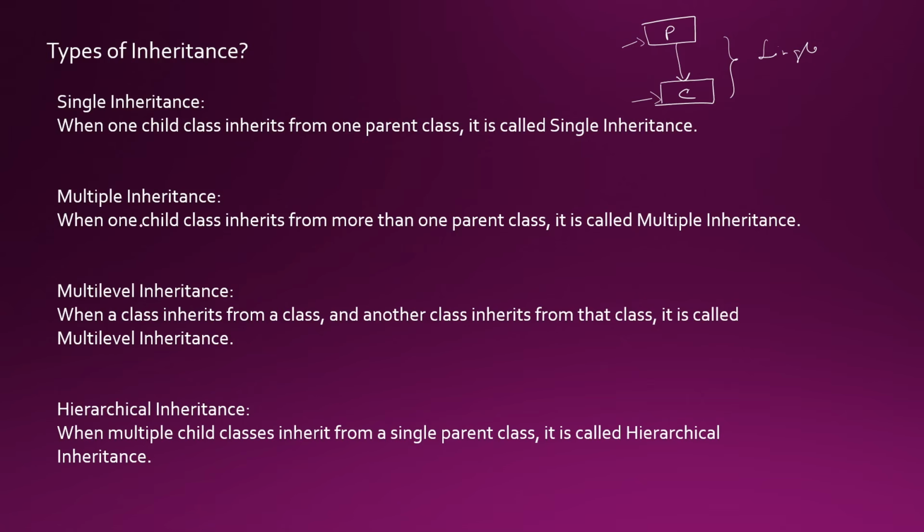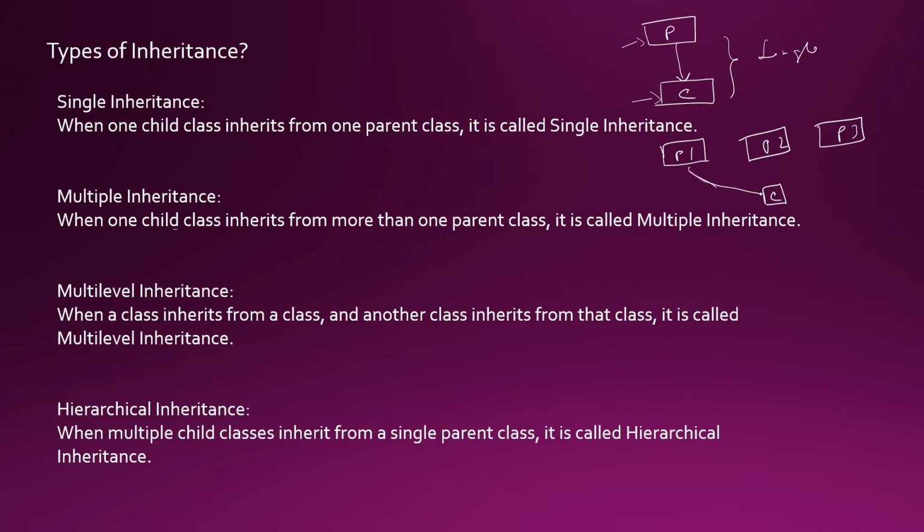Multiple inheritance. When one child class inherits from more than one parent class, it is called multiple inheritance. That means I have more than one parent class. This is one parent class, this is P2, this is P3, and so on. There are multiple parent classes, and I have only one child class.